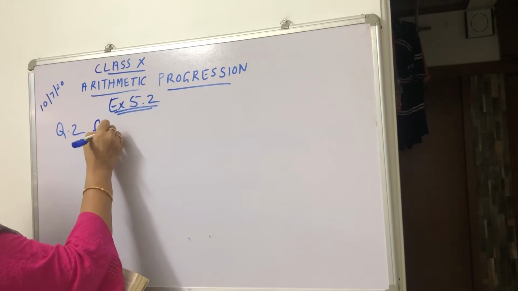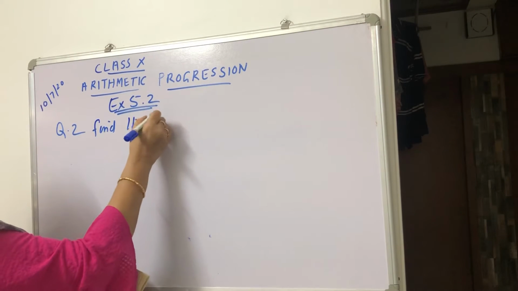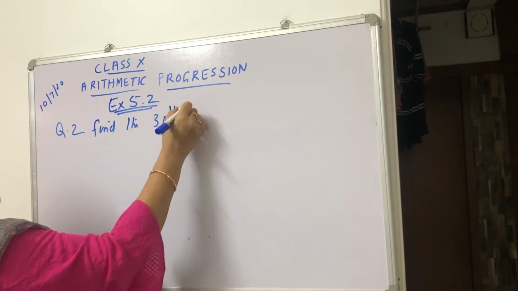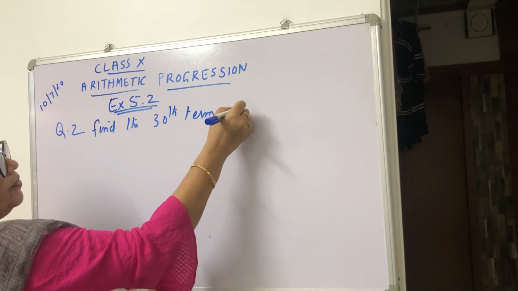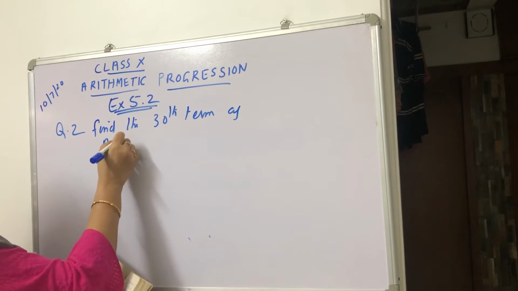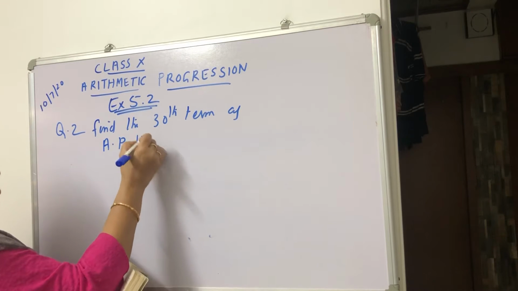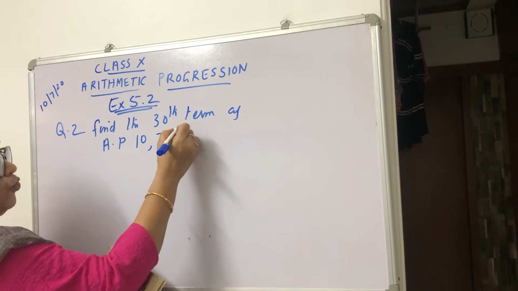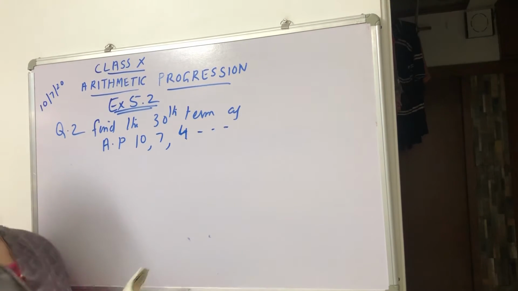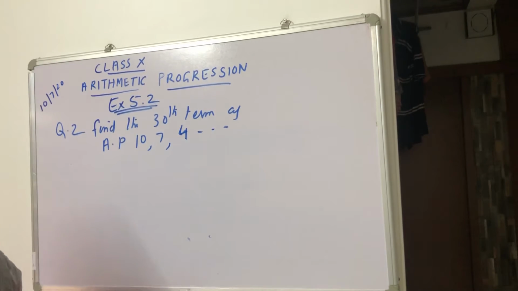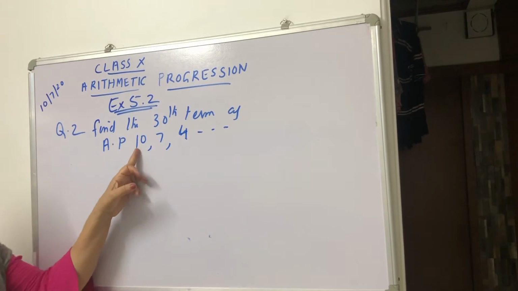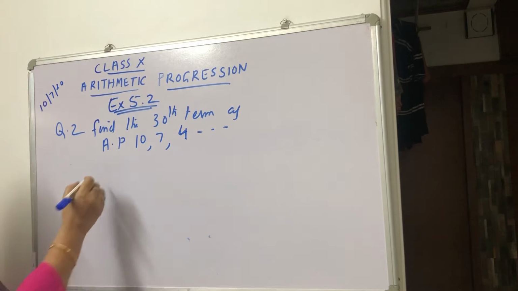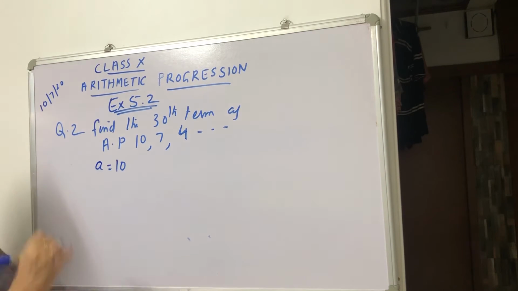Find the 30th term of the AP: 10, 7, 4, and so on. So the first term is 10, therefore a is equal to 10.